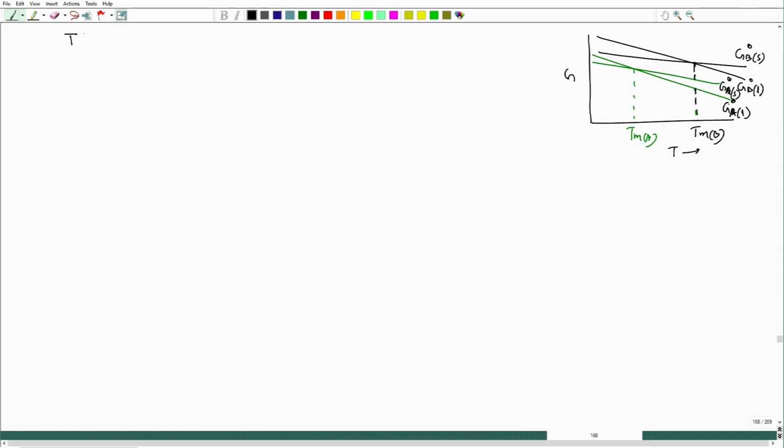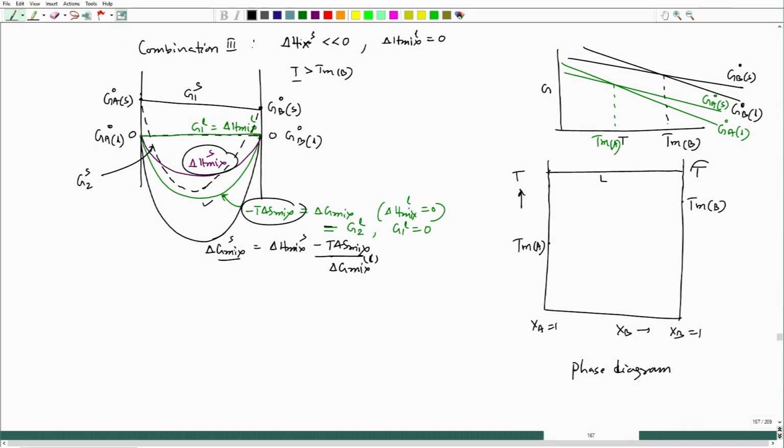So, temperature is gradually reduced, and let us say I am taking a temperature which is Tm B less than T1 less than T. So, the T was reflected here, and now we are reducing the temperature.